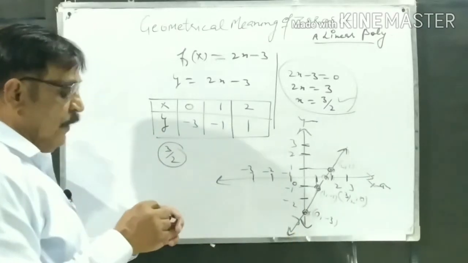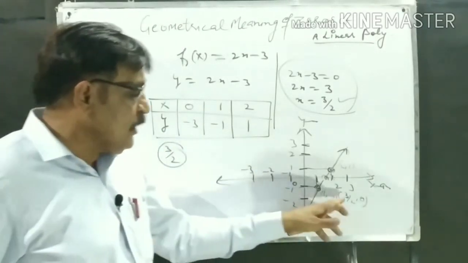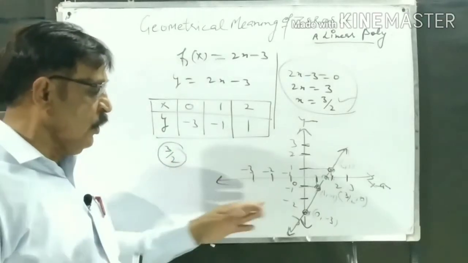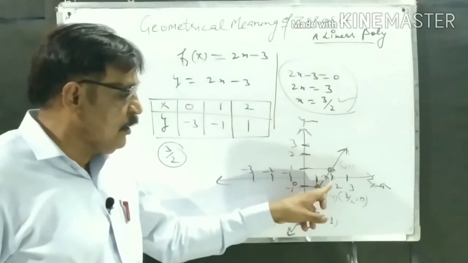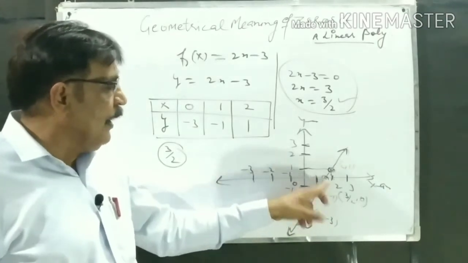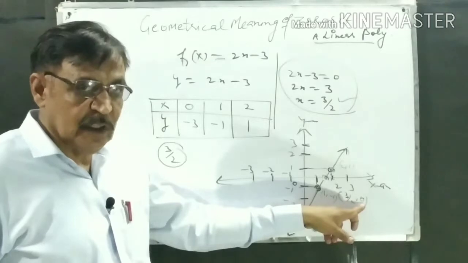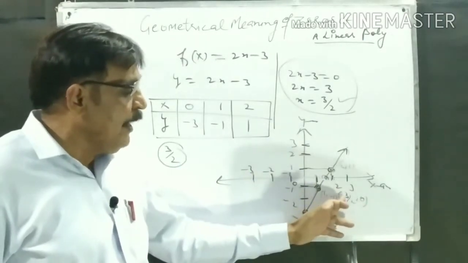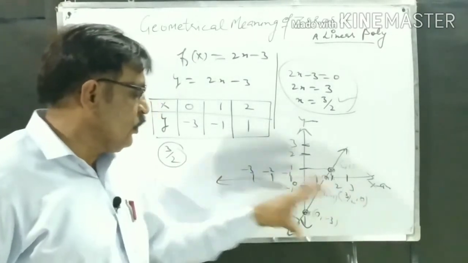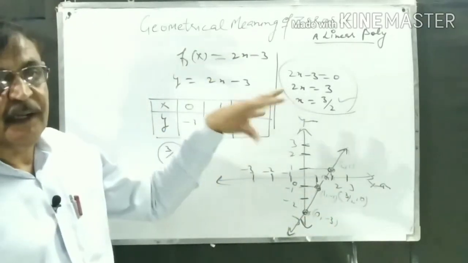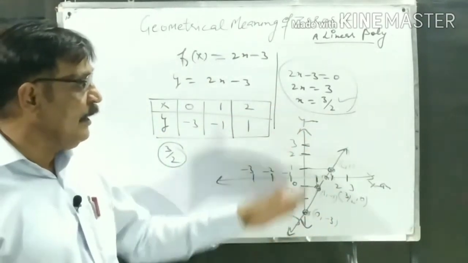We are supposed to find that value of the x coordinate which will make the given polynomial 0. So this is the value of x, 3 by 2. If we replace x by 3 by 2, we get y is equal to 0. It means it makes the given polynomial 0. So 3 by 2 is known as the zero of the linear polynomial. This is the linear polynomial.